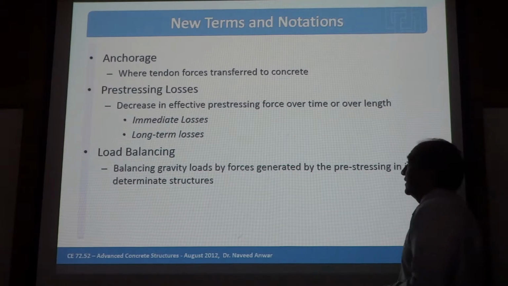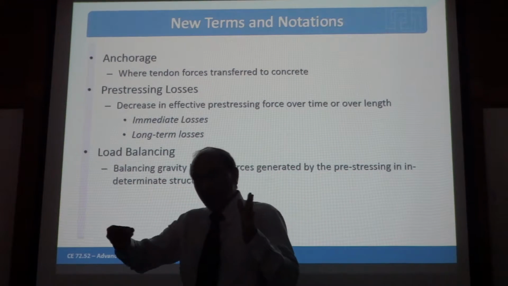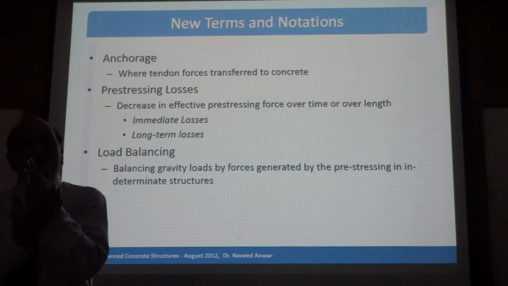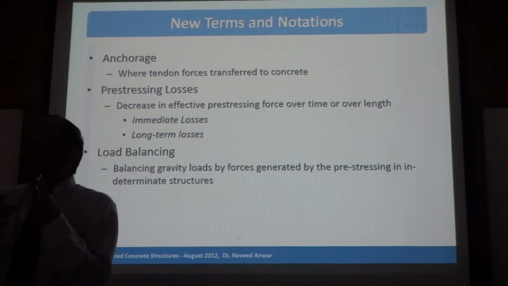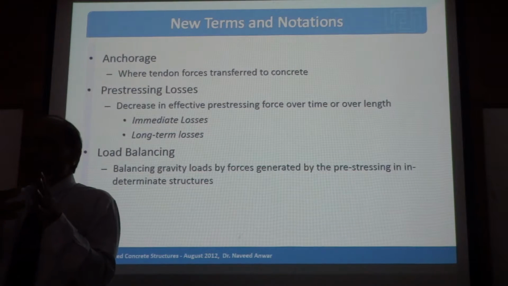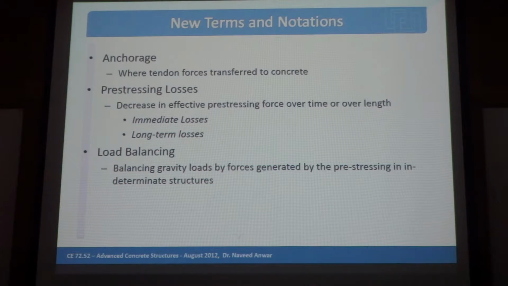Anchorage is where tendon forces are transferred to concrete. This is the most critical part. You bring a huge force, a tendon through concrete, put some plate on it, and then lock it. That is very critical. How do you lock a huge amount of force without slipping, right? There are many patents. Many people have developed designs for how to lock so that it doesn't slip.